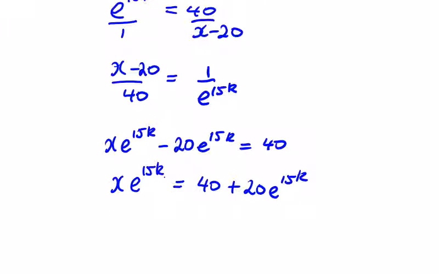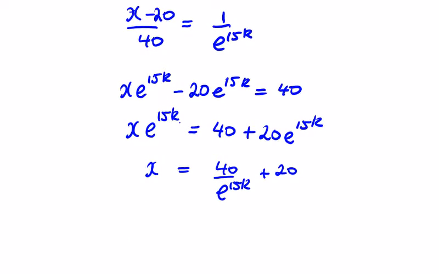Dividing by e to the power of 15k, we get x is equal to 40 over e to the power of 15k plus 20. And factoring out the 20, we get x to be 20 times 2e to the power of minus 15k, plus 1. And the k disappeared.